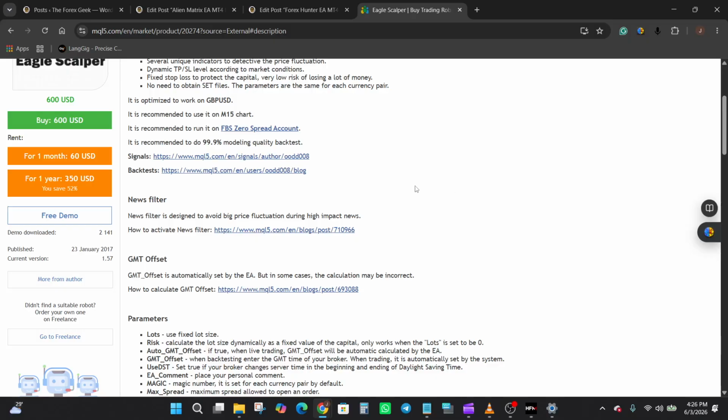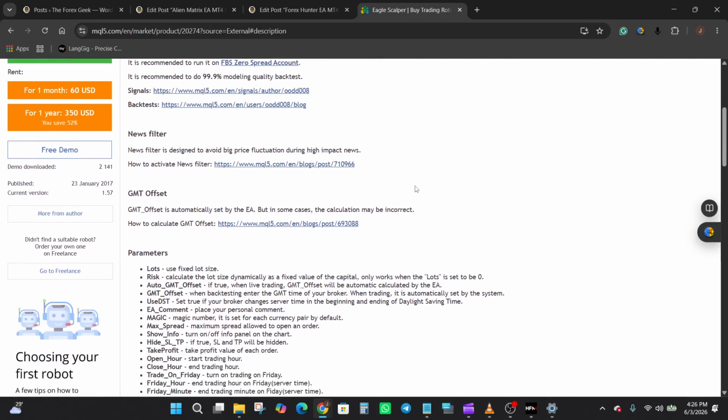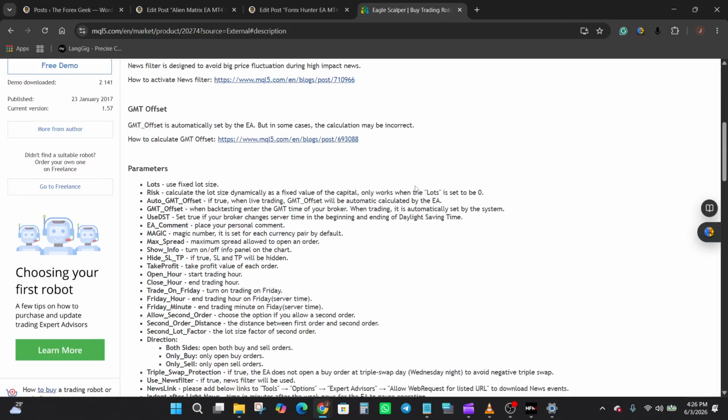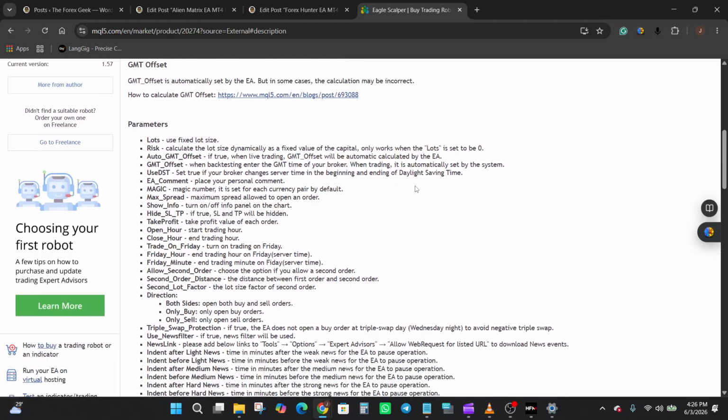Now, moving into the settings section, I can see a lot of configurable parameters, things like fixed lot size or dynamic risk-based lot sizing, GMT offset adjustments, trading hours, and even options to control whether the EA trades on Fridays.